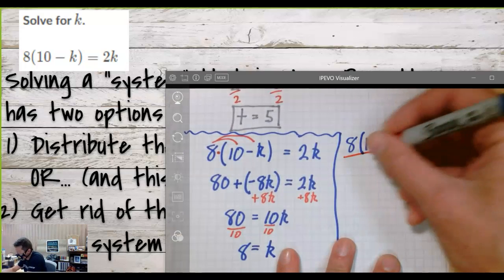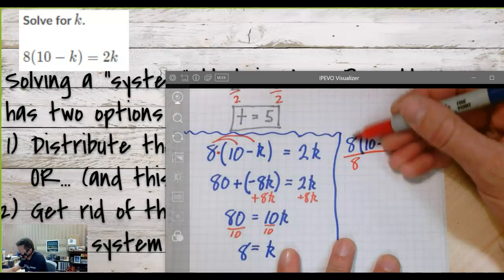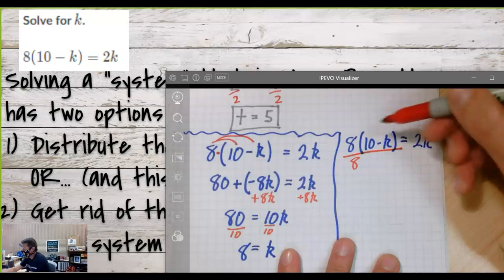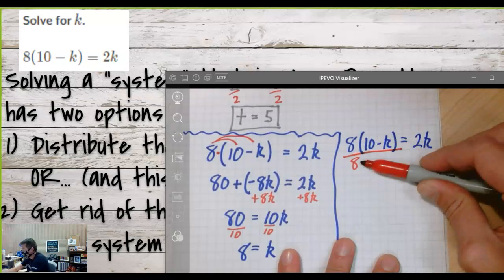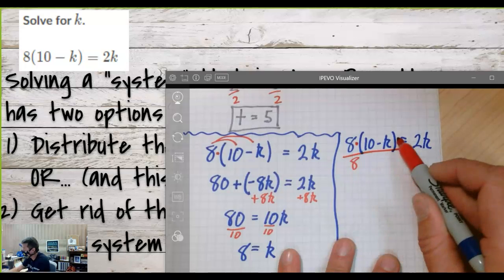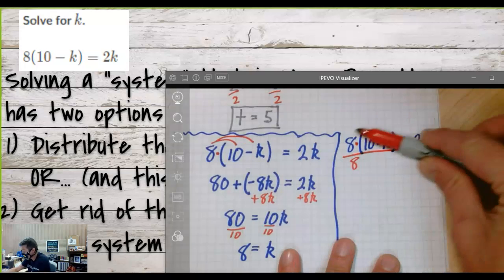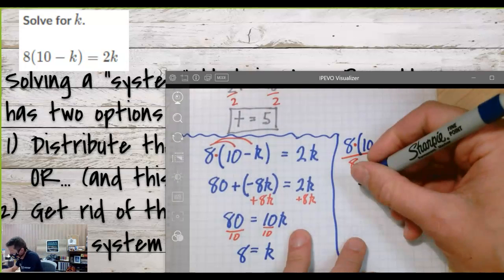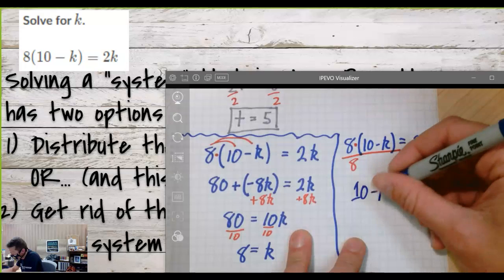So if I divide by 8, this just becomes 1 times the parentheses. Guys, this doesn't divide because the entire numerator's one term. It's not split up multiple terms. It's one term. So when this divides, it literally just becomes 10 minus k.